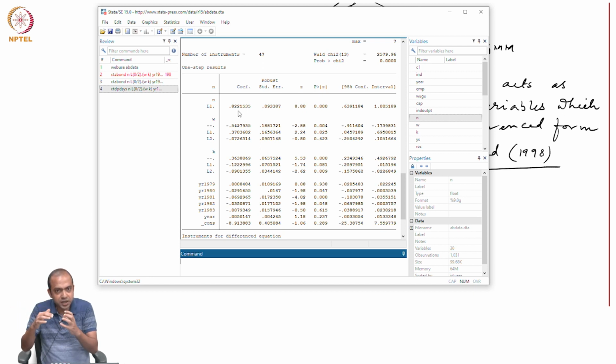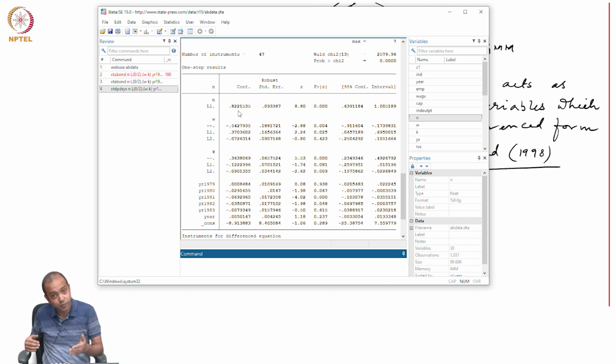So, the moment you put this orthogonality condition, it is something like I am specifying a specific data generating process for YIT, please keep in mind. When I am putting only one such instrument coming from YIT minus 2, I am putting only one type of restriction about the initial condition of the data generating process of YIT.